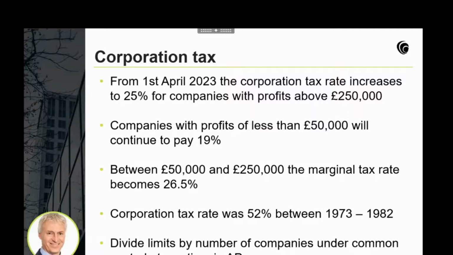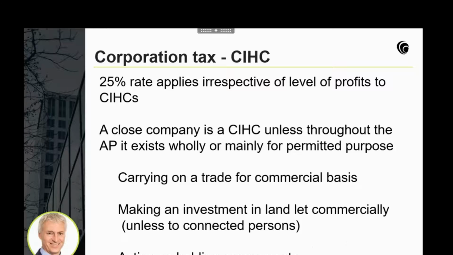it's worth thinking about. And I will just mention quickly at the end, we've mentioned family investment companies in the past and had seminars or webinars dealing with those. I don't think this changes the benefits or potential benefits of such structures, but it's worth bearing in mind that from April 2023, close investment holding companies, which would include most family investment companies, so it's a company controlled by 5 or fewer people, that's an investment company in essence, will be subject to the higher rate of corporation tax.